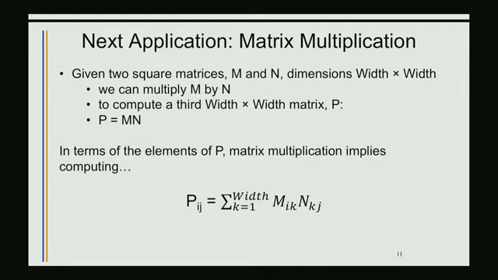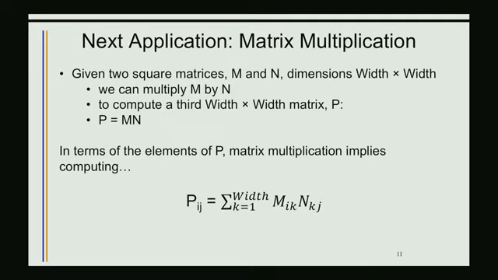The simple idea is we've got two matrices. They're square matrices, M and N, and they're width by width. So everything is simple here. And we're going to compute P, which is M times N. And because everything is square, P itself will be width times width. Okay?